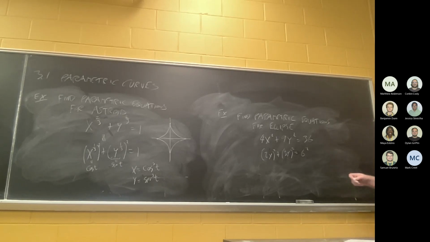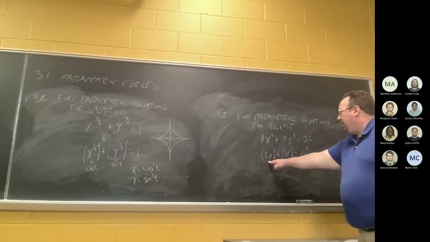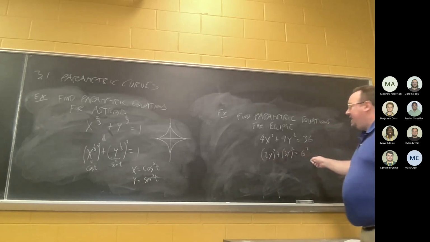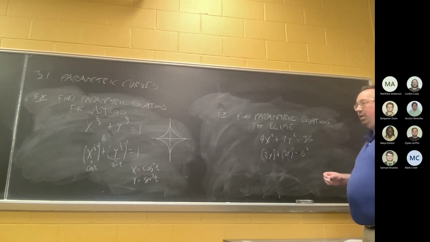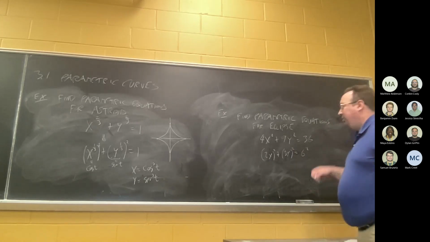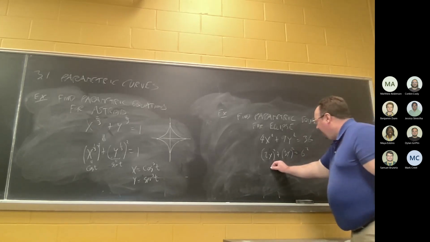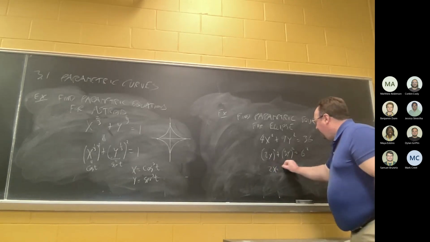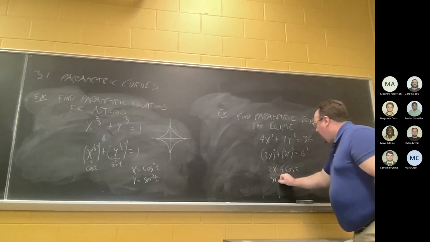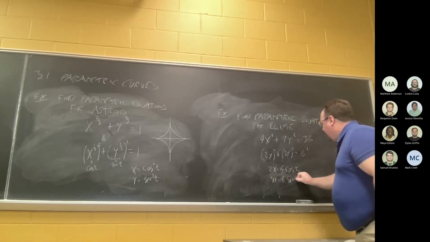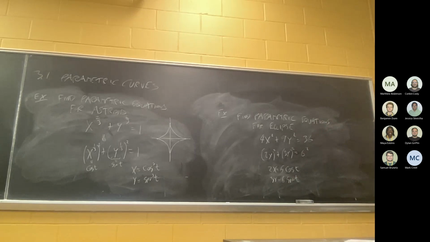Yes, so the x coordinate, what's being squared here, can be equated to radius times cosine t. Alternatively, I could have divided through by 6 squared and get some squares equaling 1. So 2x is equal to 6 cosine t, 3y is equal to 6 sine t, and that'll satisfy this equation.